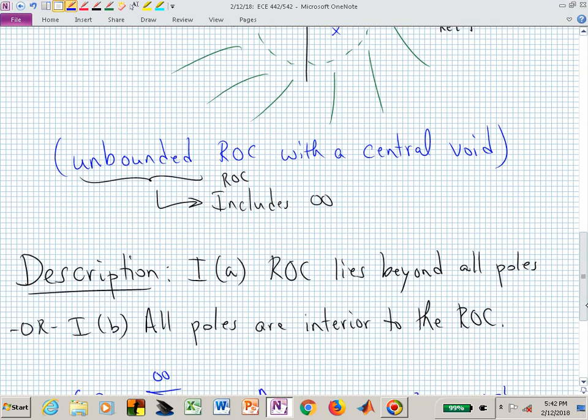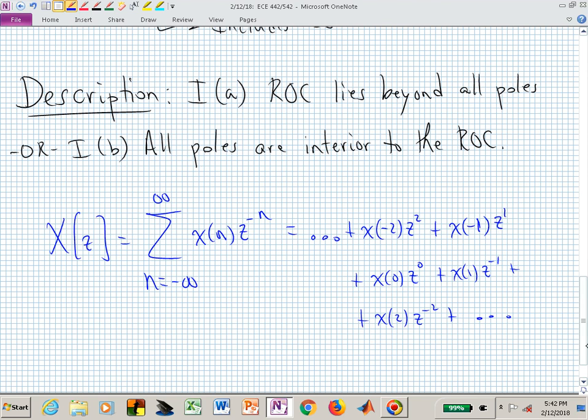If you now plugged in z going off to infinity in these terms, and remember, the region of convergence is supposed to be bounded for values of z in the region of convergence, do you see certain of these terms actually cannot exist?